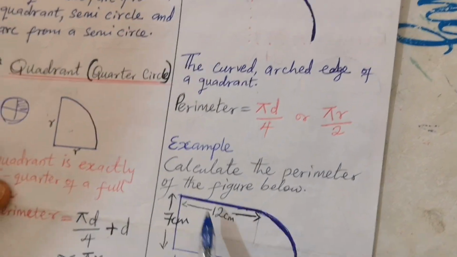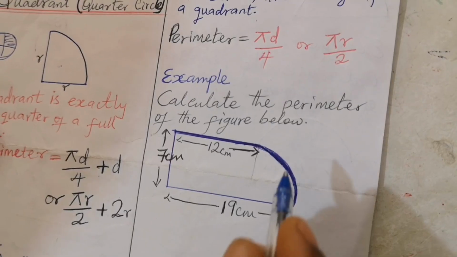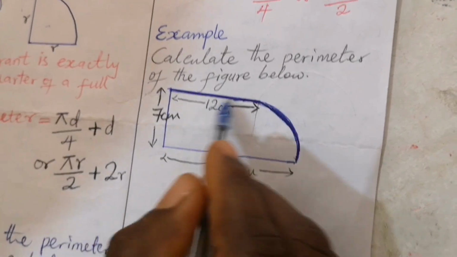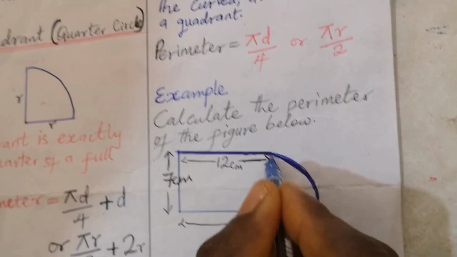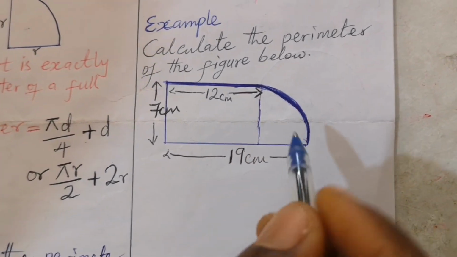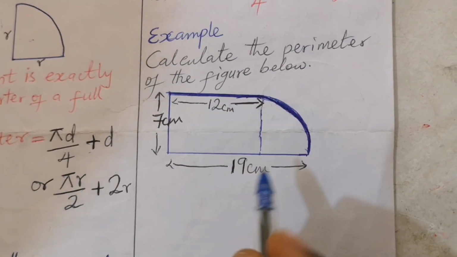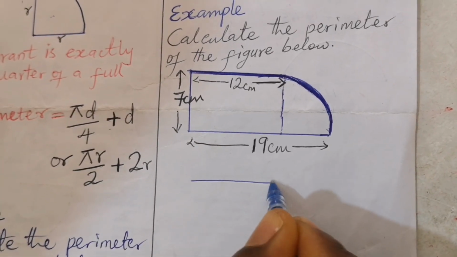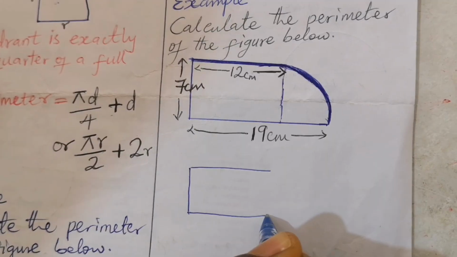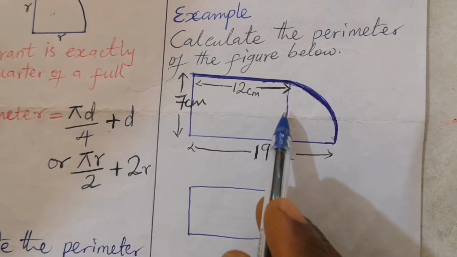Now we have an example here. Calculate the perimeter of the figure below. What we should do here for us to find the perimeter of this shape is to cut this figure like this, so that we will now get something like a rectangle. But I will not include this line because it is inside.